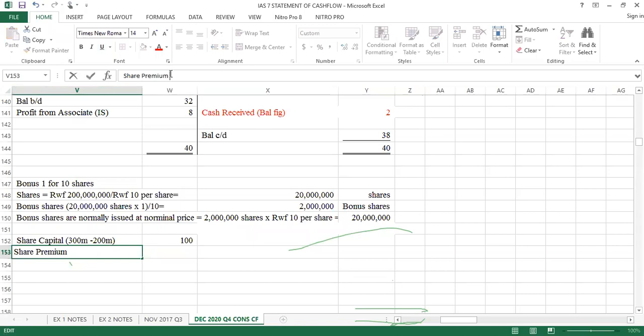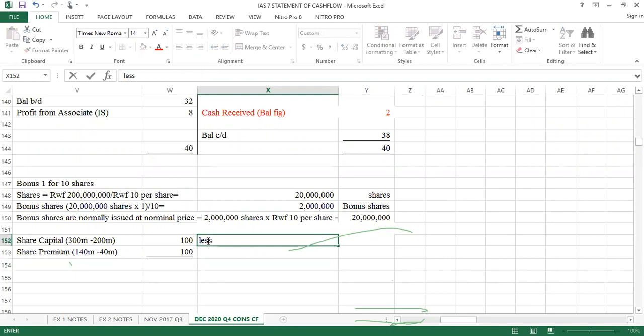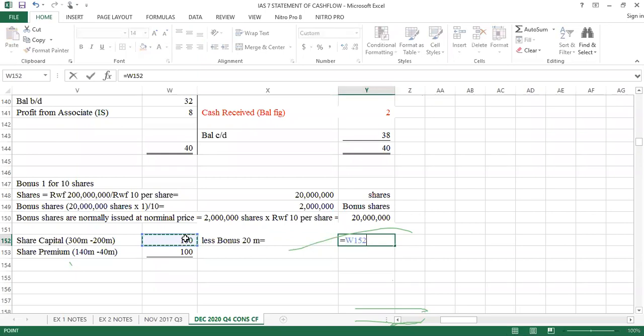And this one was 140 million minus 40 million. I'm good at remembering figures, so that is what we have. So you less bonus of 20 million. So 100 minus 20 million gives you 80, and this one is 100.